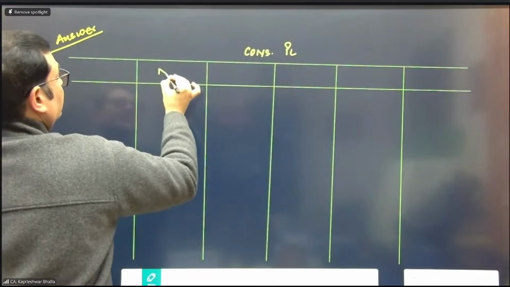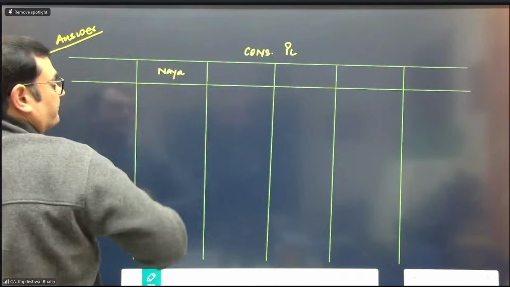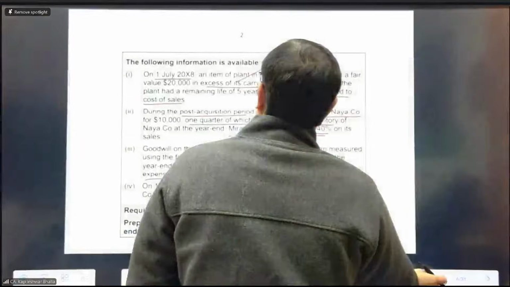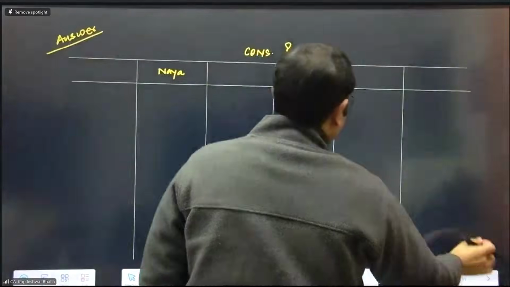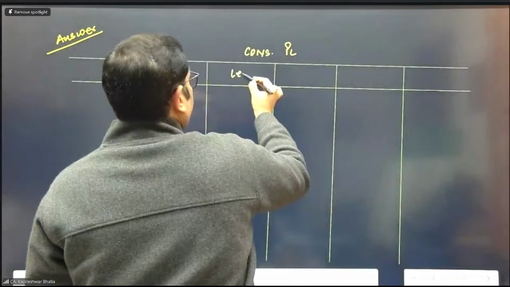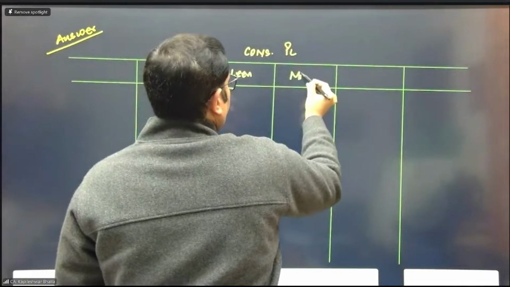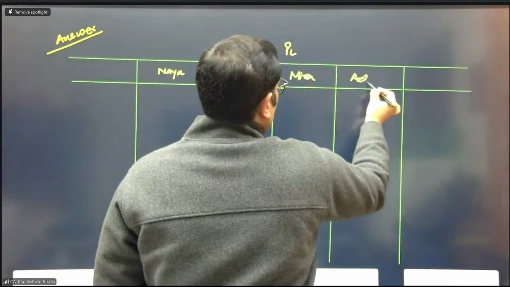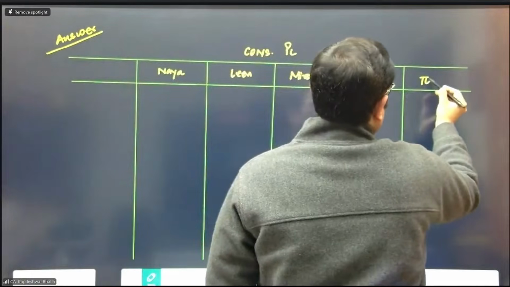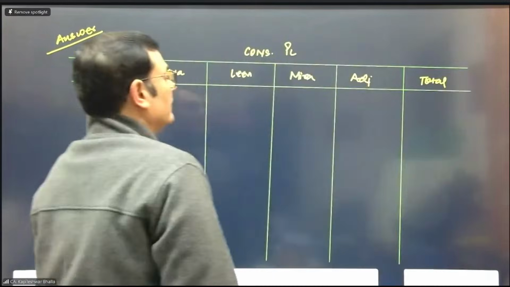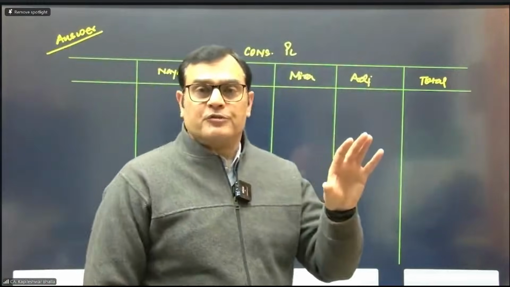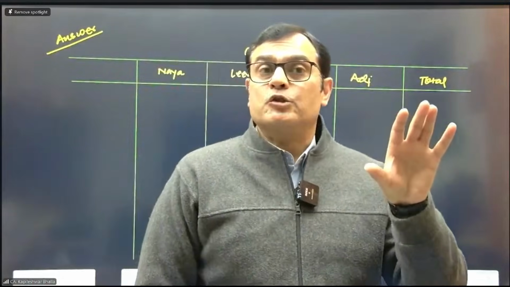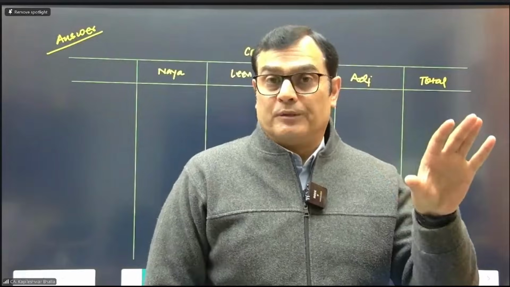So the parent company is Navya. And the other two subsidiaries are Lean and Mira. So this is Lean and this is Mira. Then there is a column for adjustments and we get the total as well. Now, as we proceed item by item, we're going to just focus on what is to be adjusted in the adjustment column.